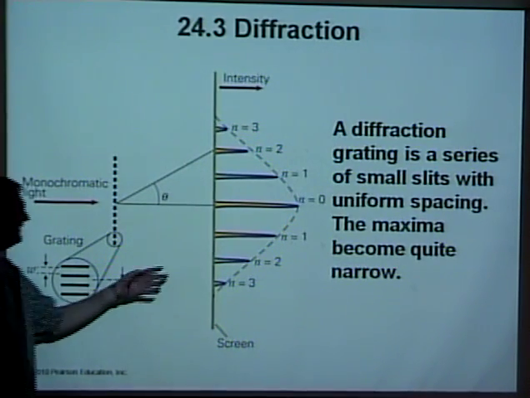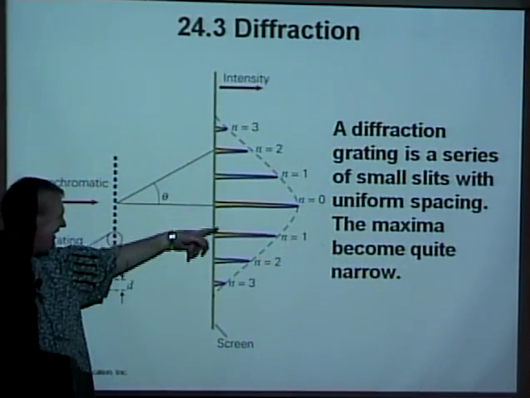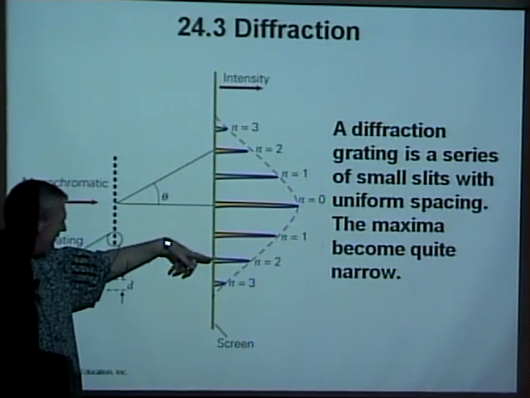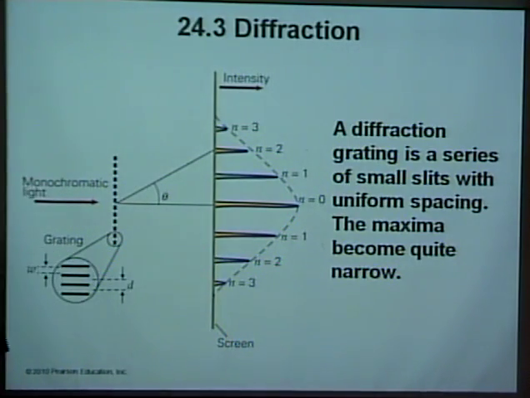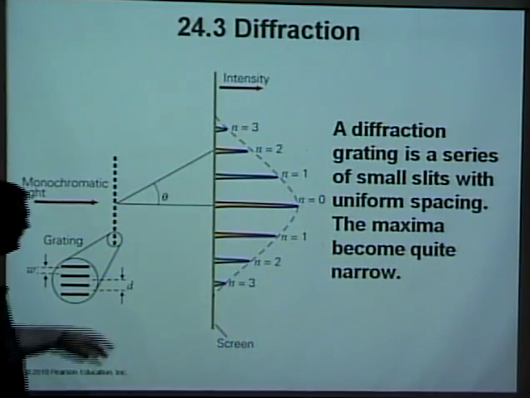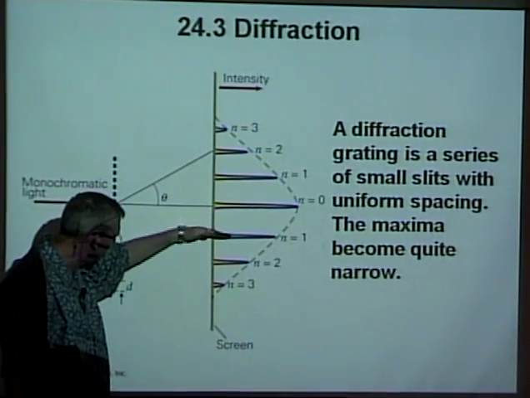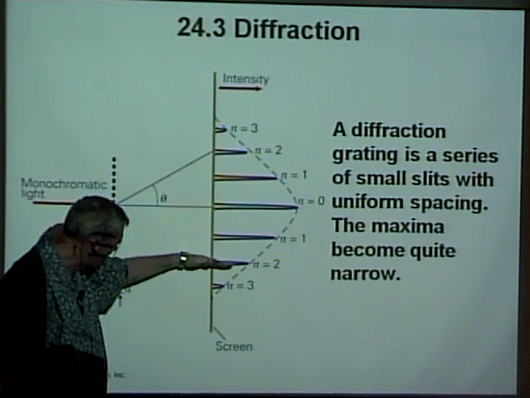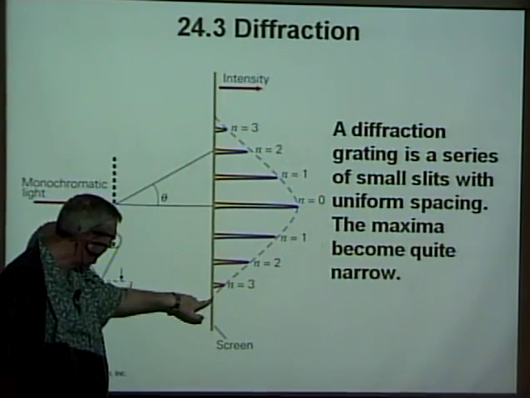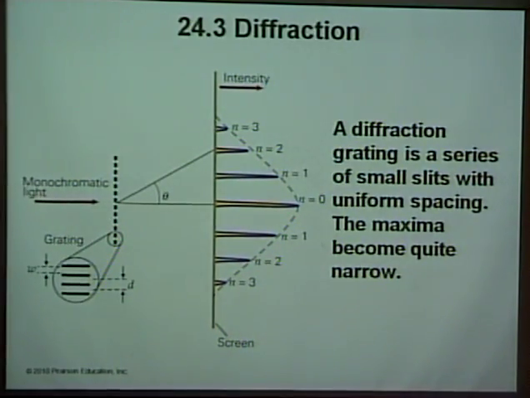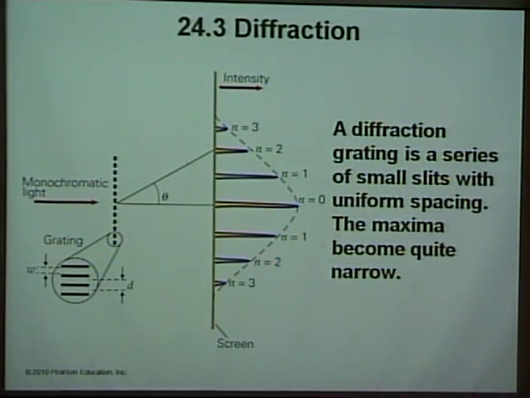Now notice we've got n's now, the different n's. In other words, when we use a diffraction grating, we're going to have the spectra here, spectra here, up to a certain maximum, depending on the grating.